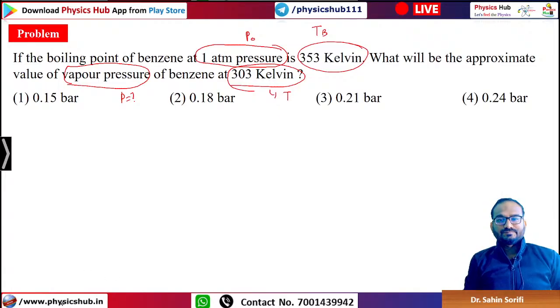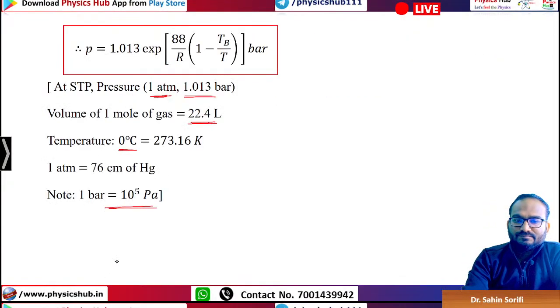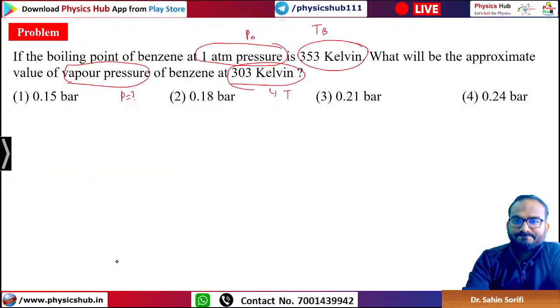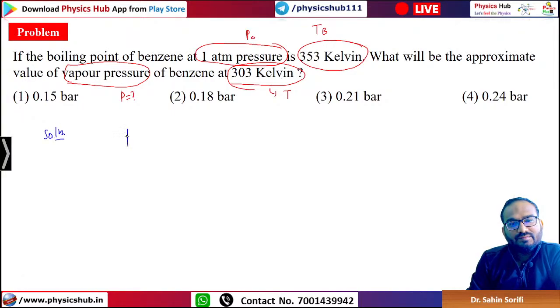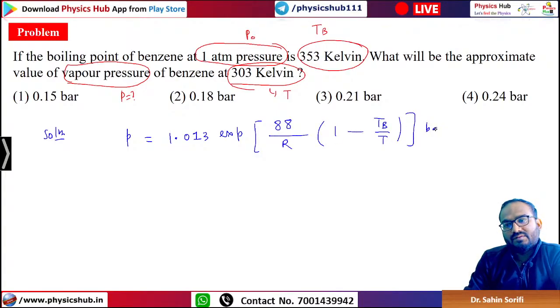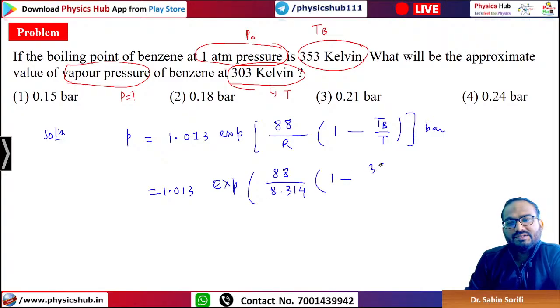So you know the formula. You just need to put it in the formula. Pressure is 1.013 exponential 88 by 8.314, 1 minus TB, which is 353, by T, which is 303.